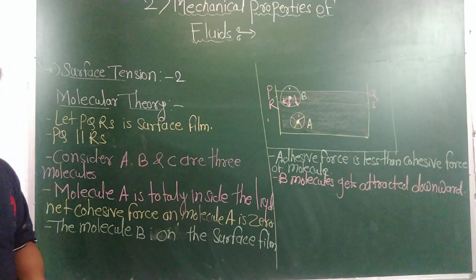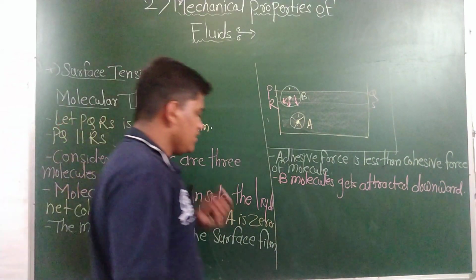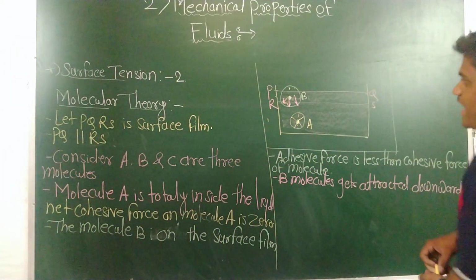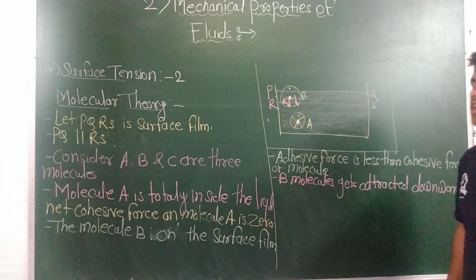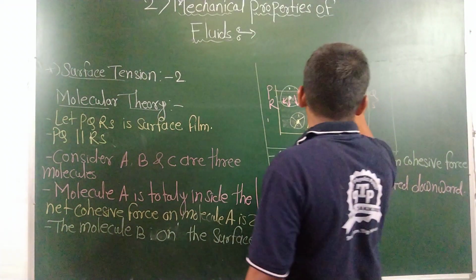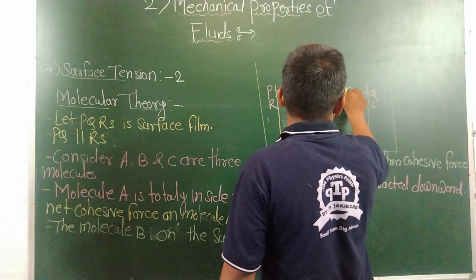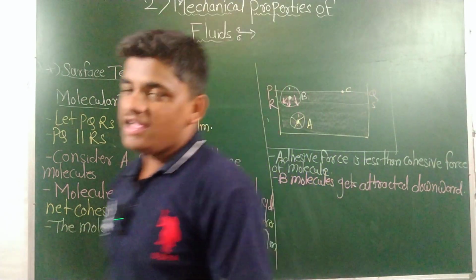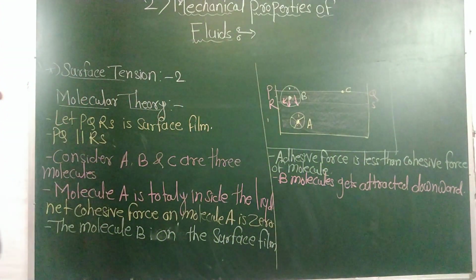And another point, that is the point C, is exactly on the surface of the liquid. This is the point, our point C is exactly on the surface of the liquid.